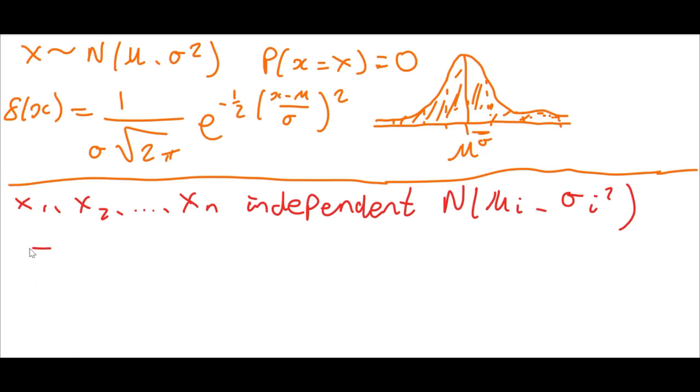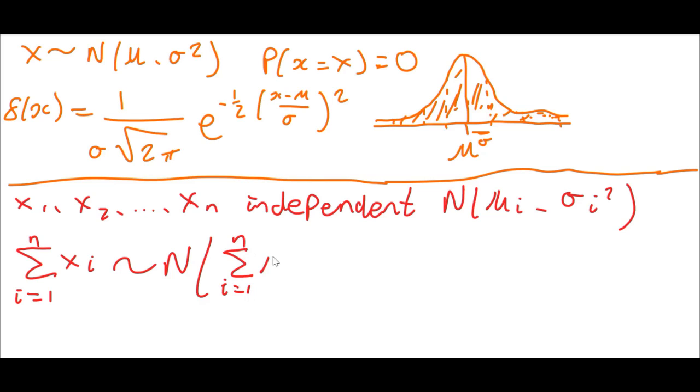It turns out if we sum up all these distributions, so we take the sum from i equals 1 up to n of xi, which is clearly x1 plus x2 all the way up to xn, this also takes a normal distribution. And the mean, conveniently, is just the sum of the means of the individual distributions.